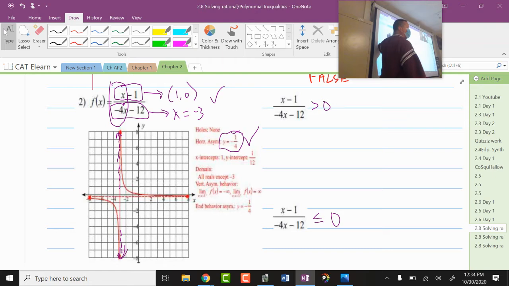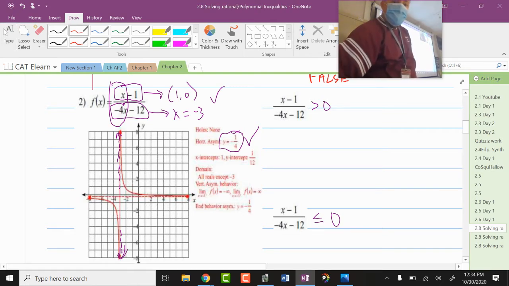And anyone else in here knowing how to graph these. This is number 2, my first set of notes that I did. I did this one for you. But now we're going to solve inequalities with it. Remember, the zeros of the numerator, x-intercepts. Zeros of the denominator, vertical asymptotes. Horizontal asymptote. These are equal in degree, so it's y equals -1/4. Remembering all these rules that are coming up here. And I think I have all that part.